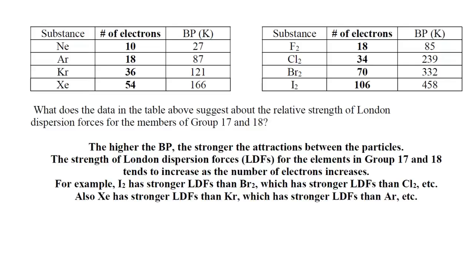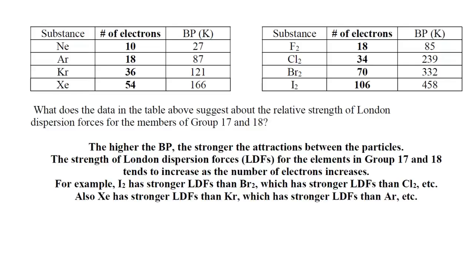And the number of electrons are also increasing from 10 to 18 to 36 to 54. We also see fluorine, chlorine, bromine, and iodine. These are all diatomic molecules. And as their number of electrons increases, the boiling points are also increasing from top to bottom in that table.